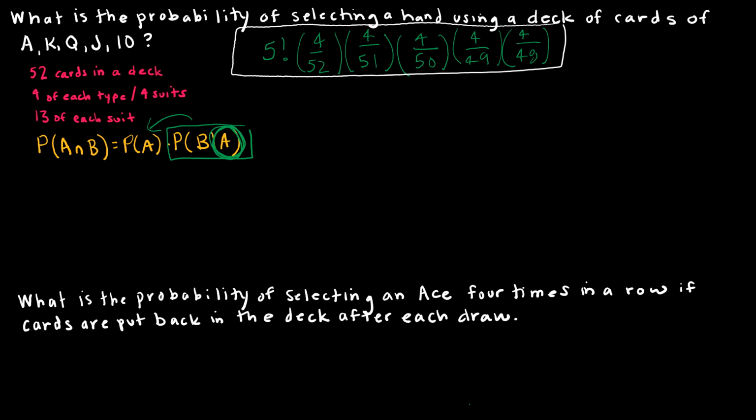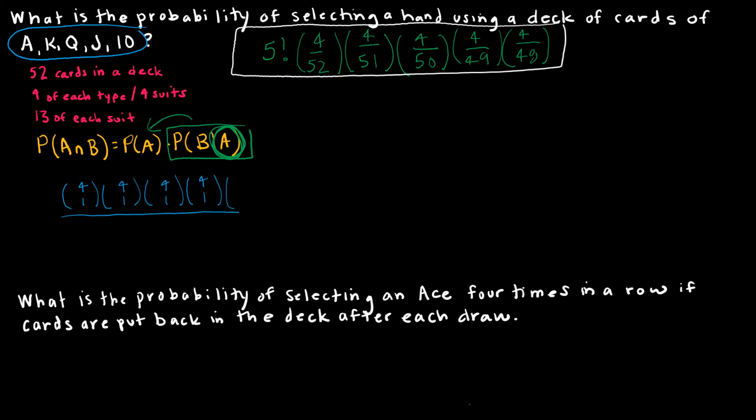So we're going to say that in order to get this hand, my numerator is going to be, there are 4 aces, I choose 1. There are 4 kings, I choose 1. There are 4 queens, I choose 1. Whoops, don't make it a fraction. I choose 1. There are 4 jacks, I choose 1.